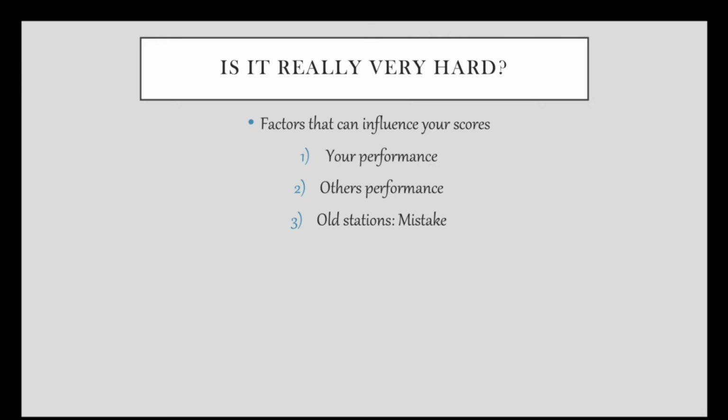And because of that, the passing marks will go very high, and even if you score 6 or 7, you might still fail the station. So it's very important to not make a mistake in very common, very simple OSCE scenarios. So these are the 3 most important factors that basically influence your score.